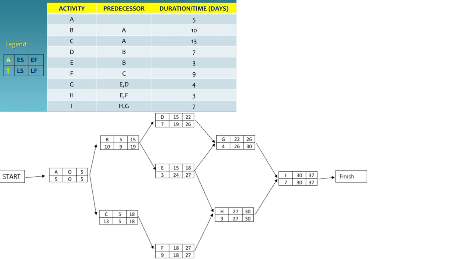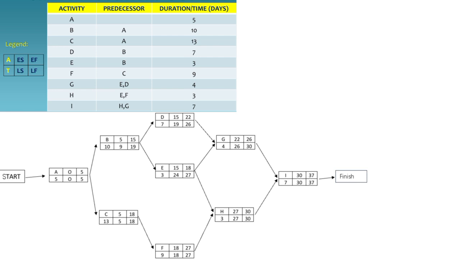Activity C. The late finish for activity C is the late start of its immediate successor, which is activity F with late start of 18. The late start for activity C is calculated as LS equals LF minus duration, equivalent of 18 minus 13 equals 5.